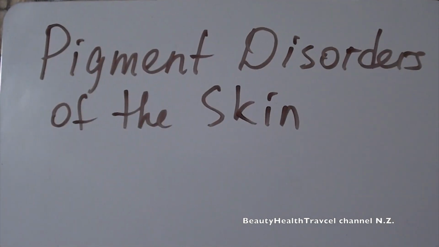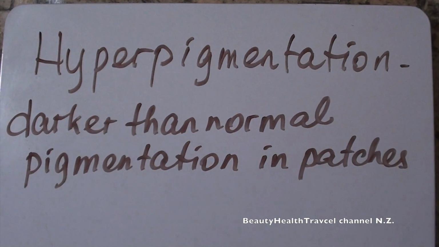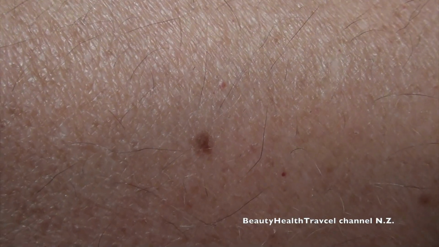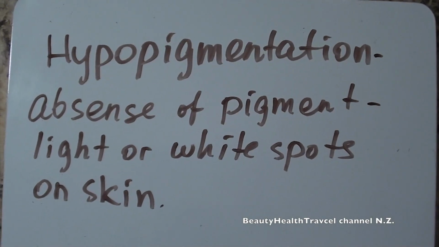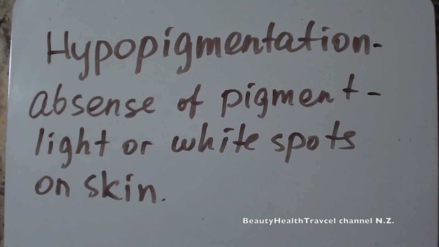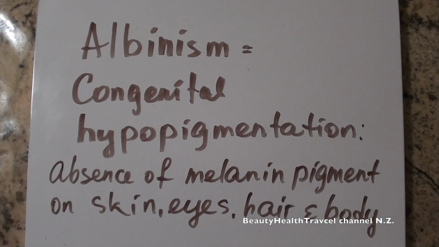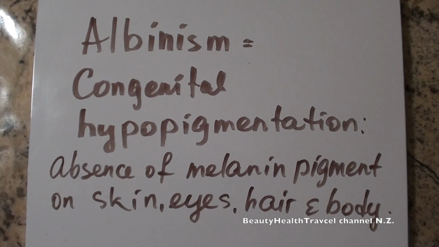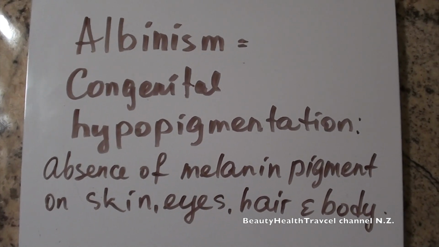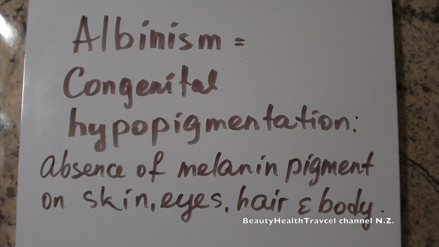vesicles. Pigment disorders of the skin. Hyperpigmentation, darker than normal patches. Hypopigmentation, absence of pigment, light or white patches or spots on skin. Albinism, congenital hypopigmentation, absence of melanin pigment on skin, eyes, hair, and body.